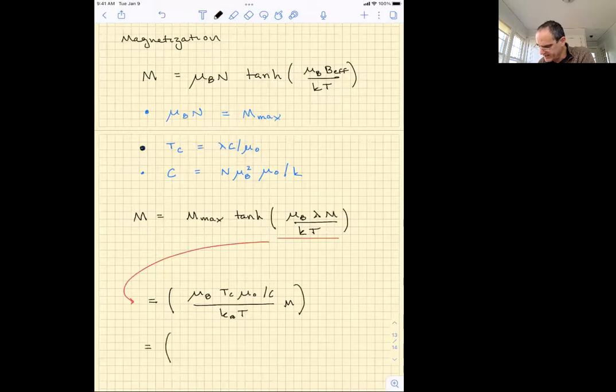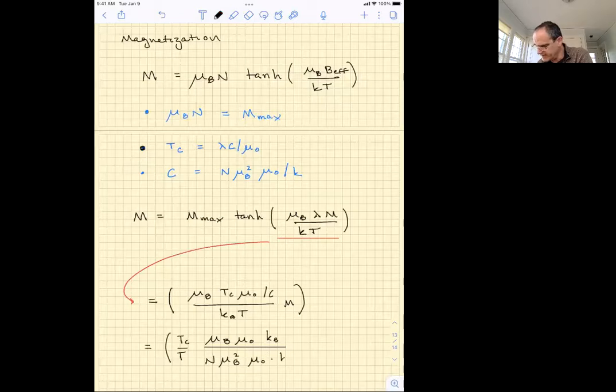Okay? Now we have the following. We have TC divided by T times what remains here: mu B, mu naught over C times k Boltzmann times T. Of course, C is just N mu B squared, mu naught divided by k, so that k Boltzmann goes in the numerator.